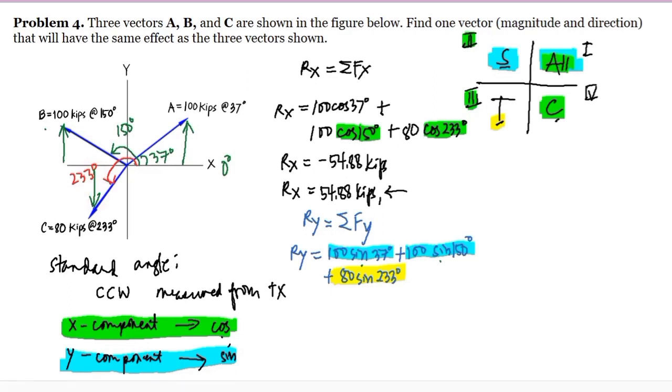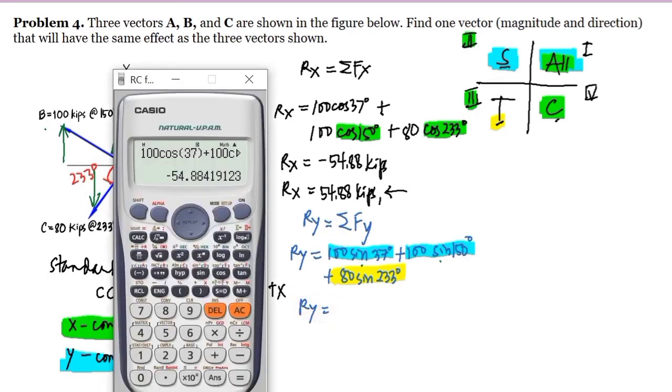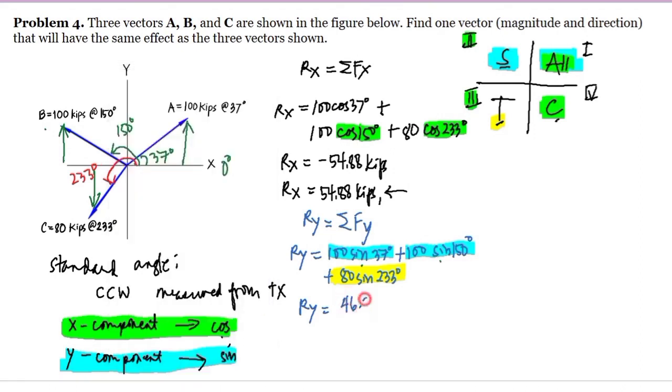Okay, so solving for the value of Ry, we have Ry is equal to 100 sine of 37 degrees plus 100 sine of 150 degrees plus 80 sine of 233 degrees. And we have 46.29 kips. Since we have positive here, that is just directed upward.